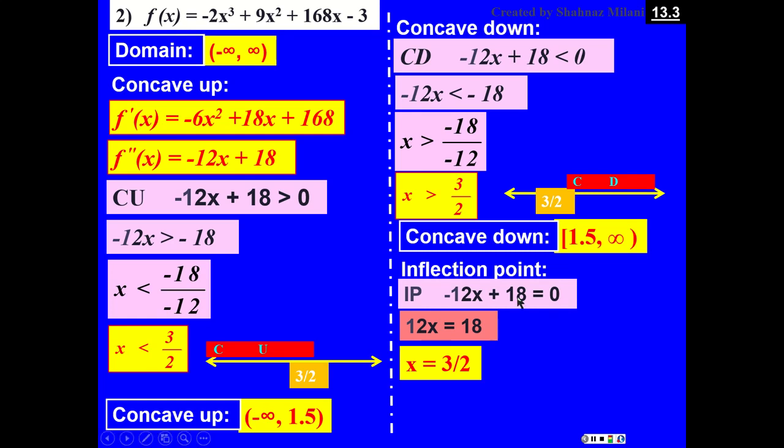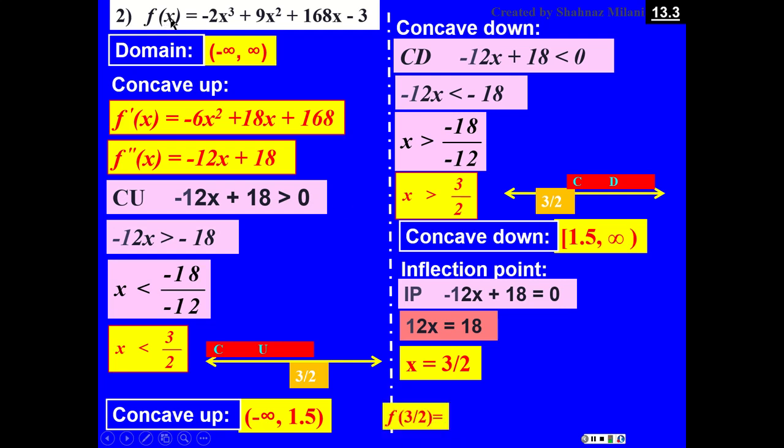For this one, I move the minus 12 to the other side. Then I divide both sides by positive 12, which is 3/2. Then this is the x-coordinate for the inflection point. Remember, it is a point. I have to have an x-coordinate, and I have to have a y-coordinate. For the y-coordinate, I go to the original problem.